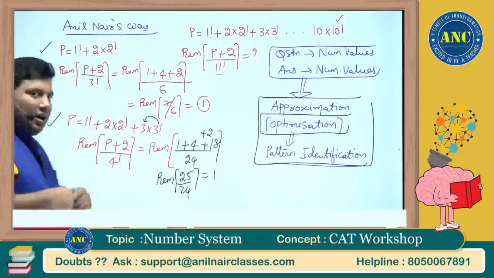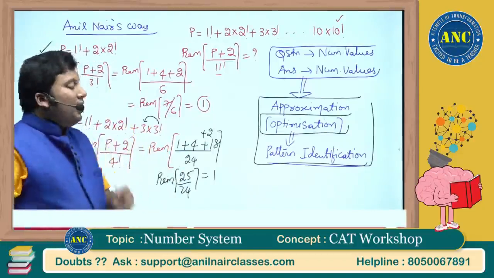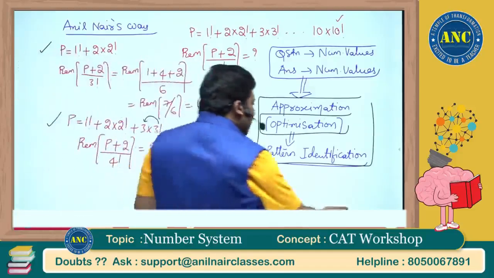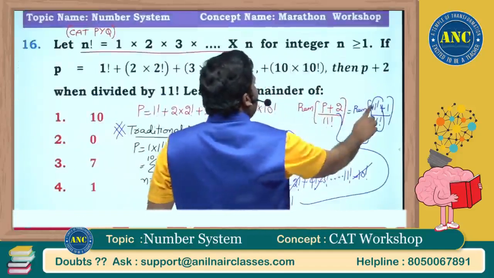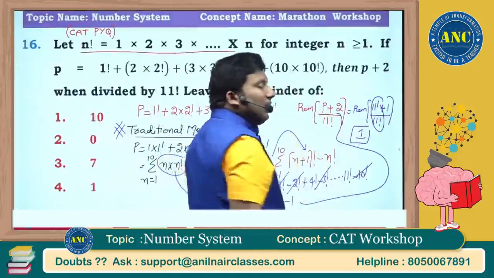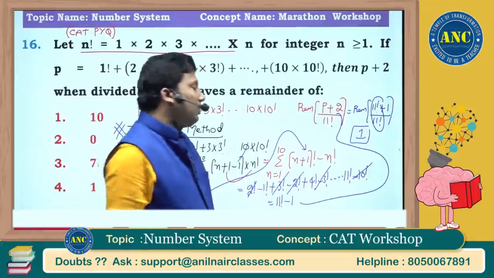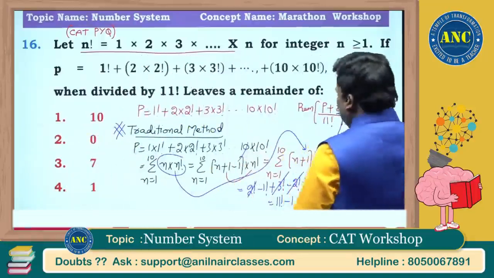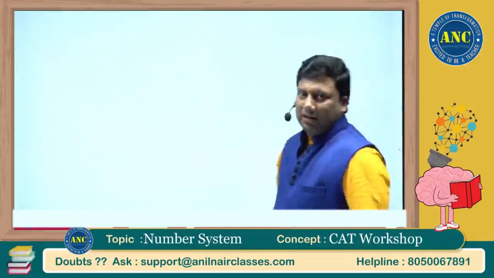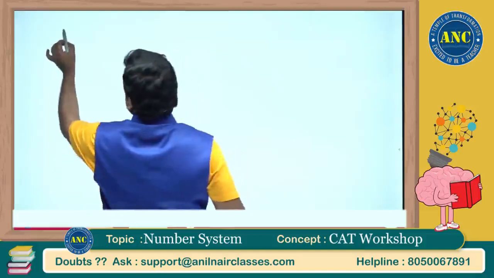Idea, it is clear. Now if an IIT or NIT student or a smart math student is solving, sir, the question is 11 factorial plus 1 divided by 11 factorial. What if 11 factorial is not present and some other number is present? Utkarsh, one of my students, asked me this question.